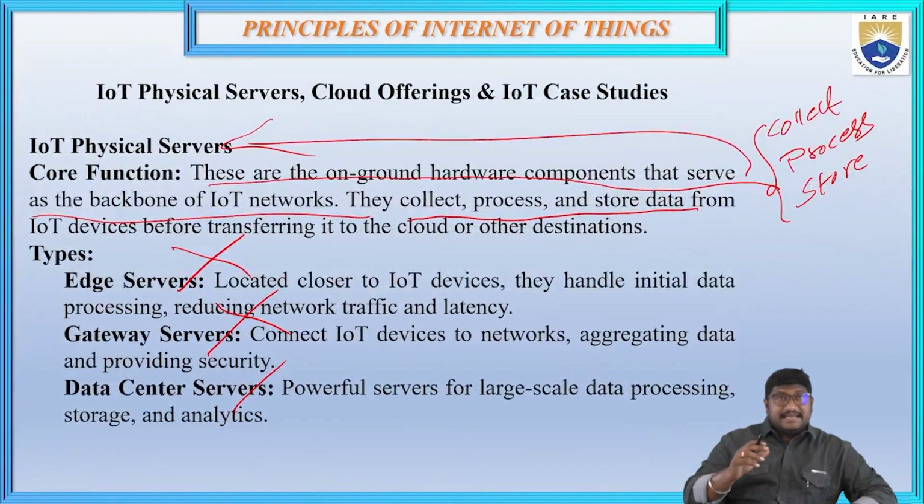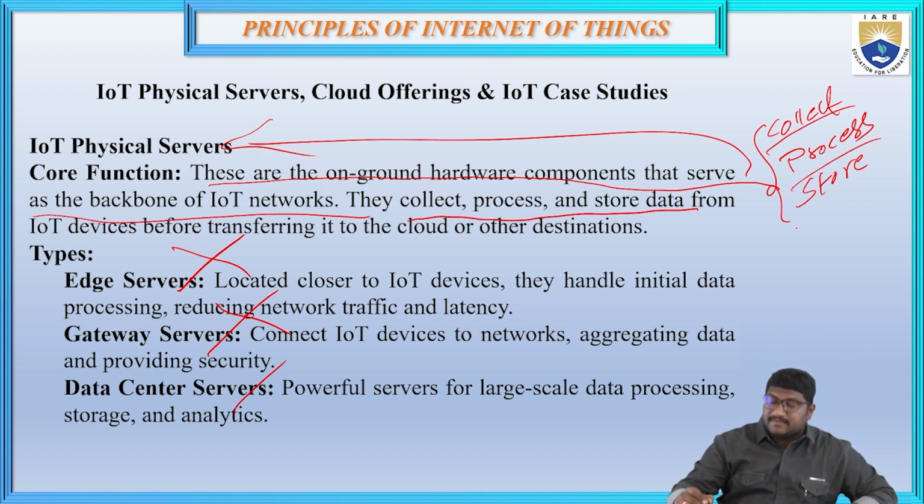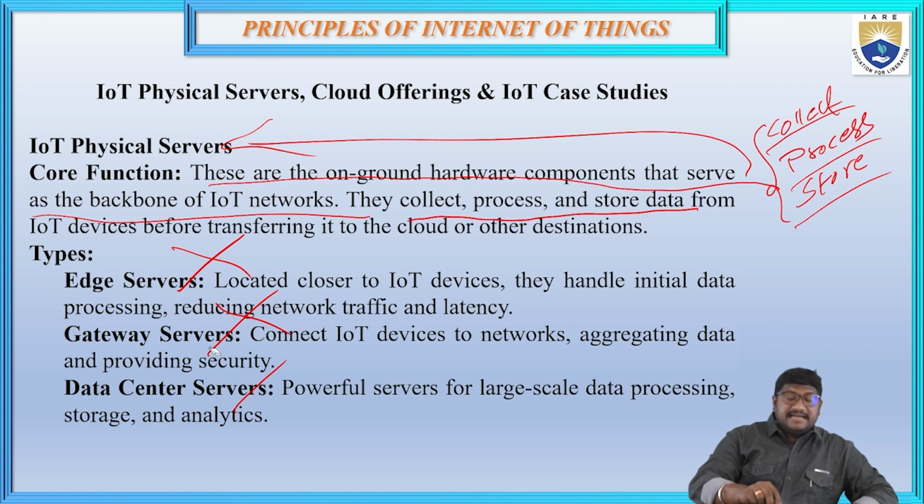As I told you, this is an on-ground hardware component which serves as a backbone for the IoT network, where we are going to collect the data, process the data, and store the data: collect, process, store. These are the things which are done in this IoT physical server. There are three different types of edge servers. Those types are: the first one, edge servers; the second one, gateway servers; and the third one, data center servers.